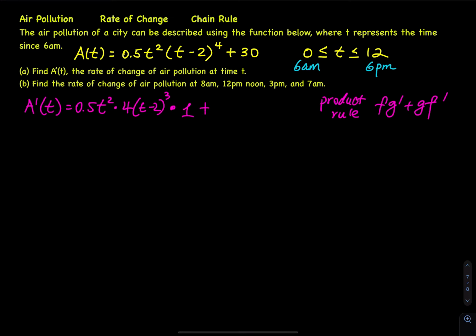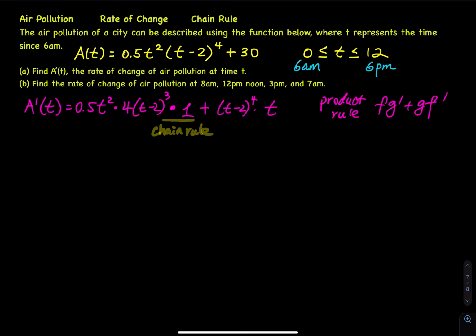And then plus gf prime, so g is (t minus 2) to the fourth power, and then f prime: you bring the 2 down, 0.5 times 2 equals 1, and 2 minus 1 equals 1, so you have t to the first power. Let's make a little note: this is by the chain rule.